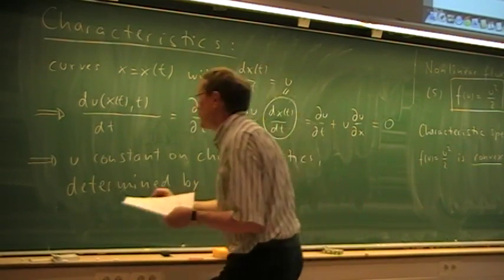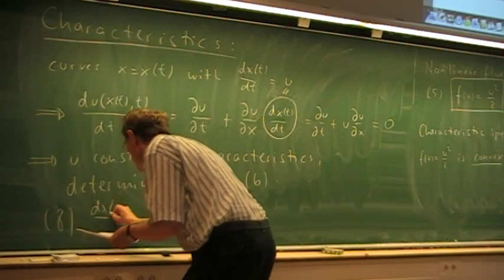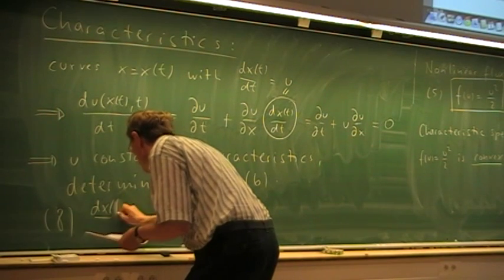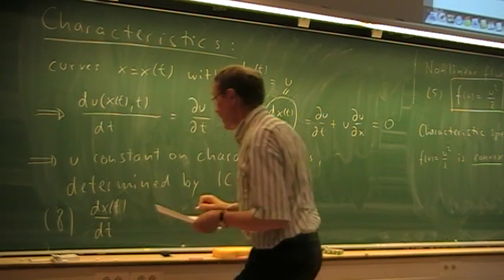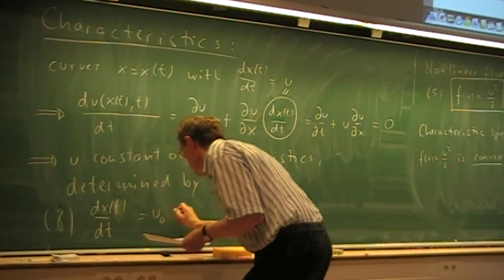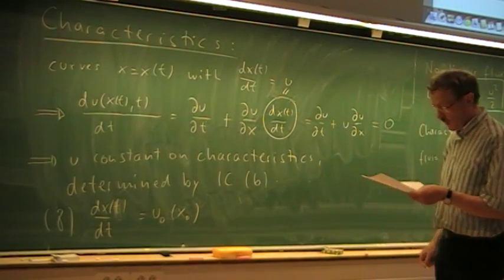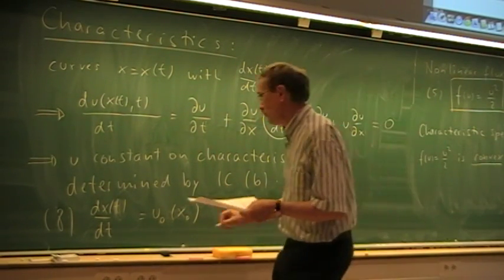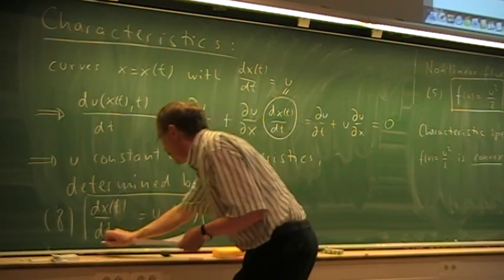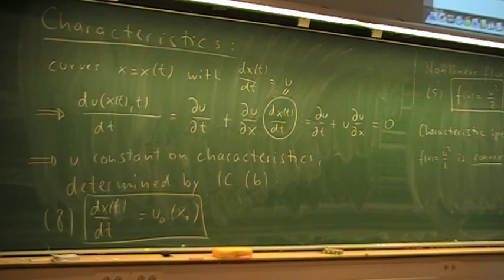So it turns out that the slope dx(t)/dt of the characteristics is determined by the initial condition u0 at the foot point of the characteristic, which is x0. If we start from there, the solution is constant, so also the slope of the characteristic is constant, and we get straight lines for the characteristics.